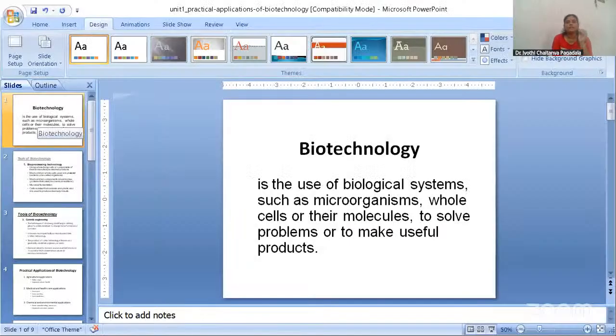What is biotechnology? Biotechnology is the use of biological systems such as microorganisms, whole cells, or their molecules to solve problems or to make useful products.